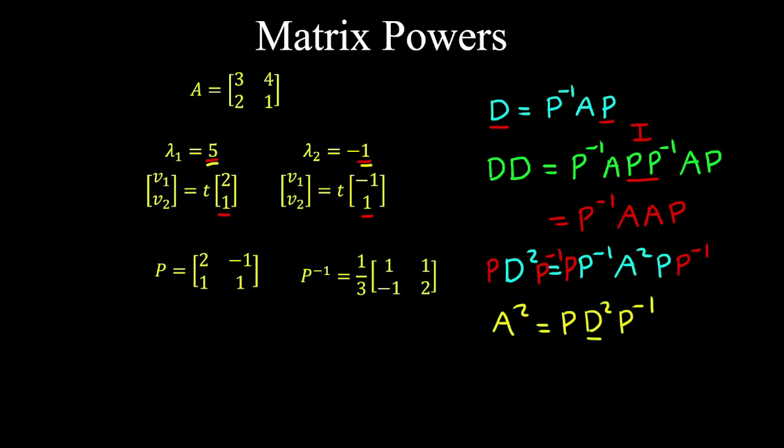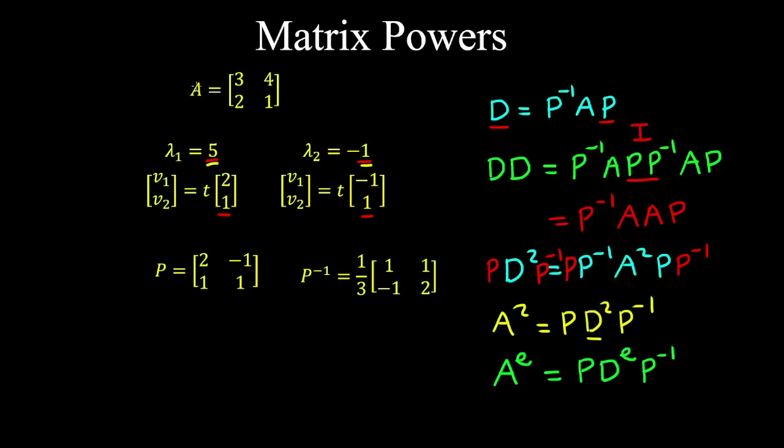So repeating this process, this equation generalizes to A to the power of some exponent is equal to P by the diagonal to the power of some exponent by P inverse.